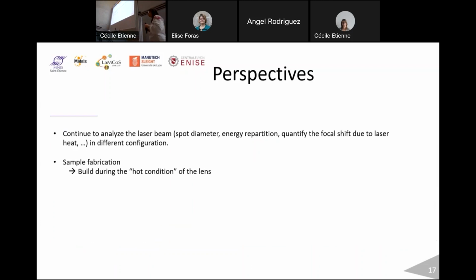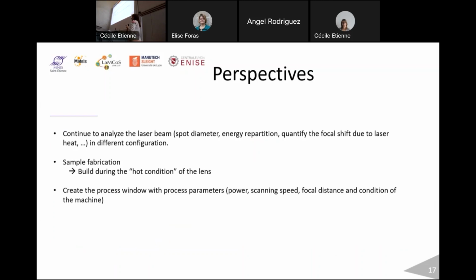I will also continue to analyze the laser of the Pro X200 because it's really interesting, and at the moment I haven't seen many publications that take into account the laser properties inside the results.